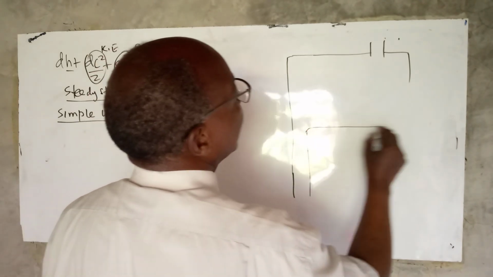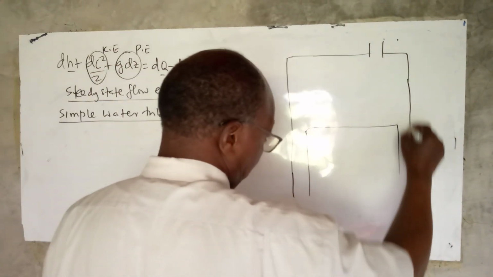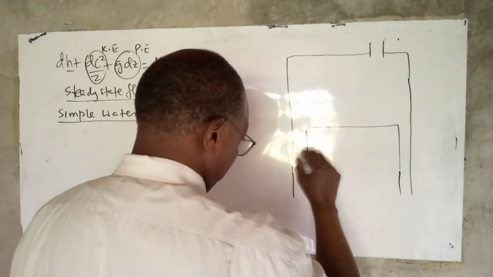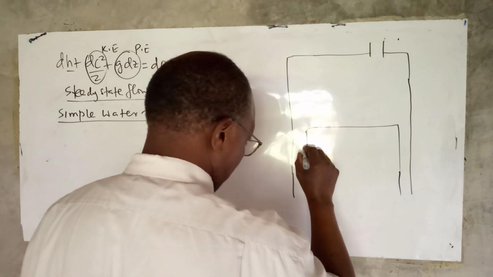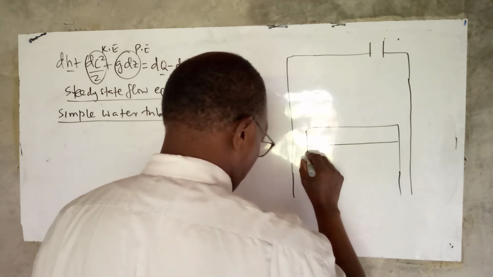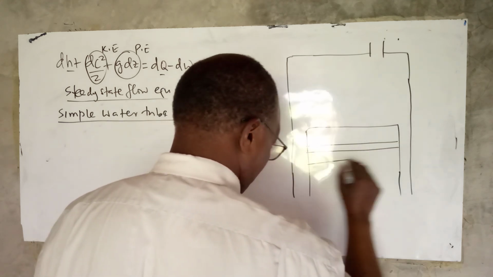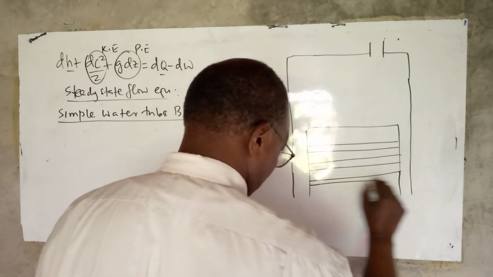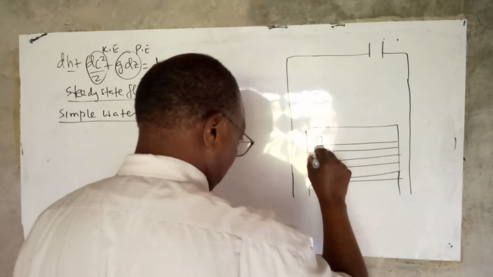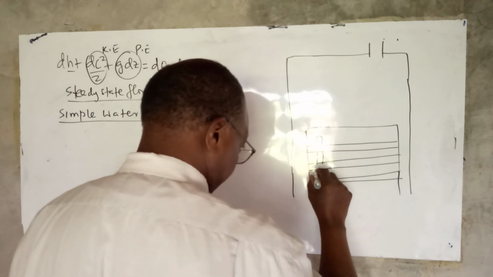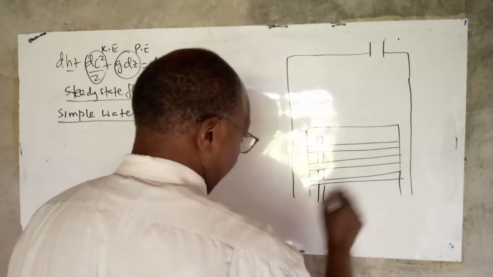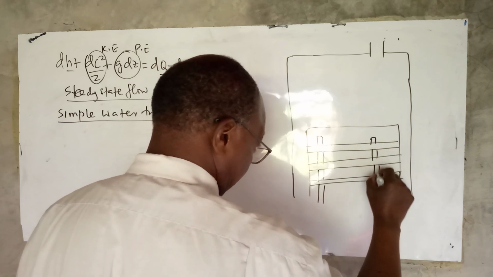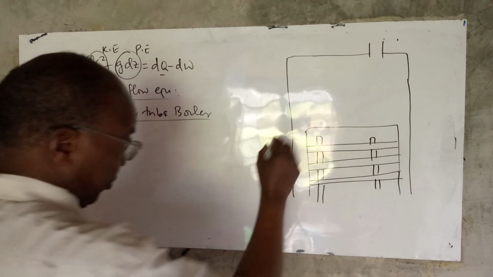This is just a sketchy illustration to help you understand. It's not perfect. So we have our tubes. This is not a perfect drawing. That's for illustration purposes.